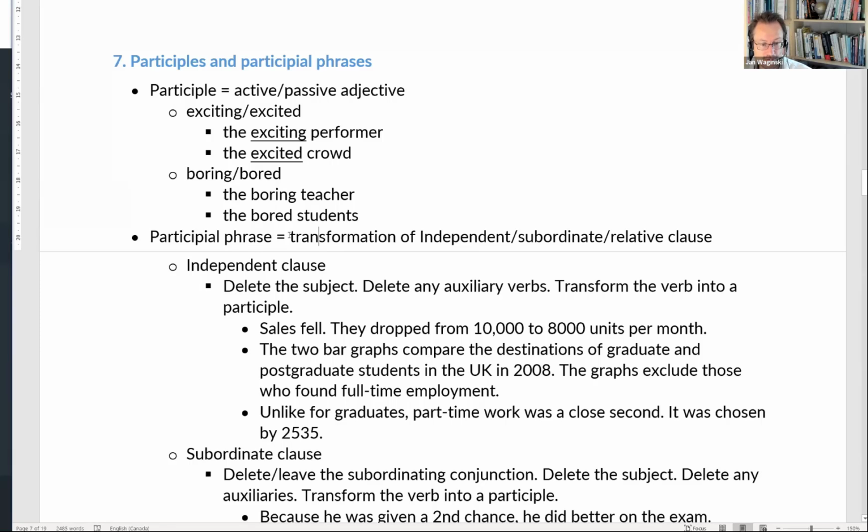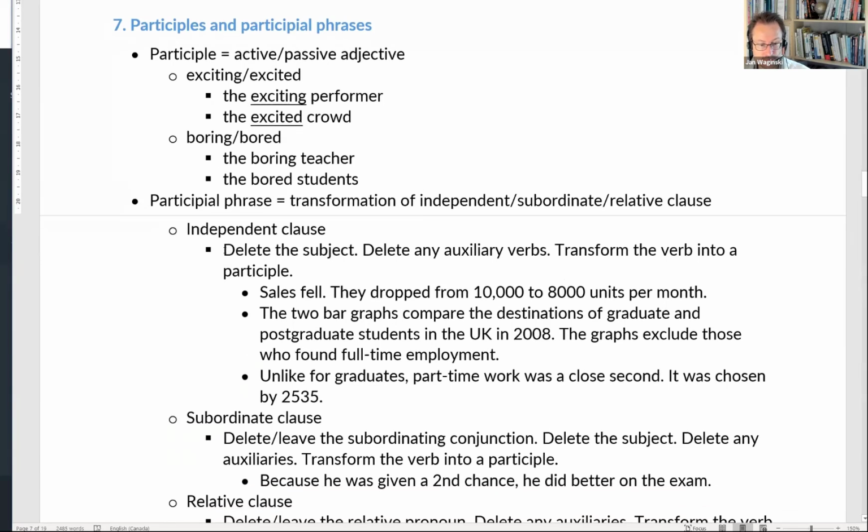It can be thought of as a transformation of an independent, subordinate, or relative clause. So let's look at an independent clause transformation. To do this, we delete the subject, we delete any auxiliary verbs, and we transform the verb into a participle.